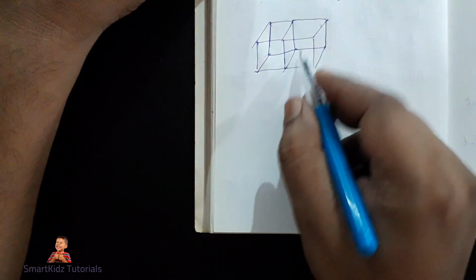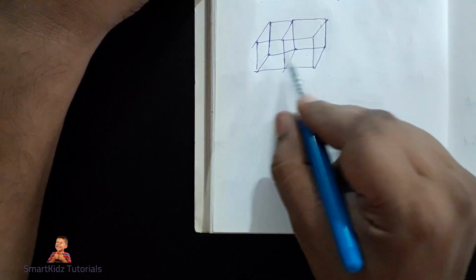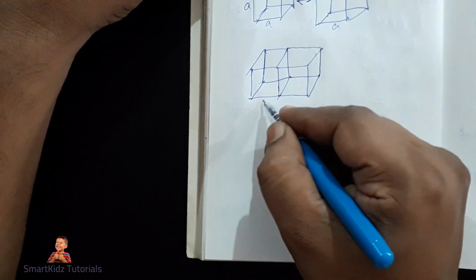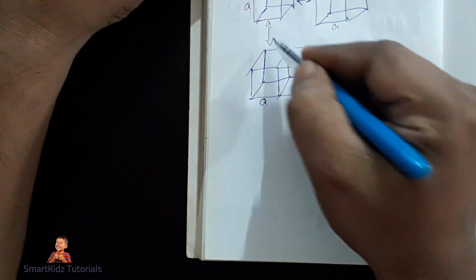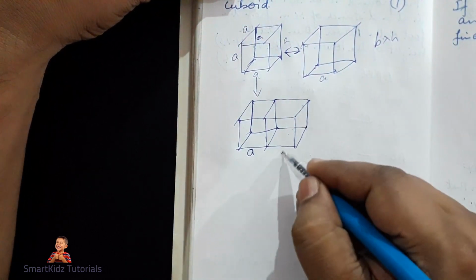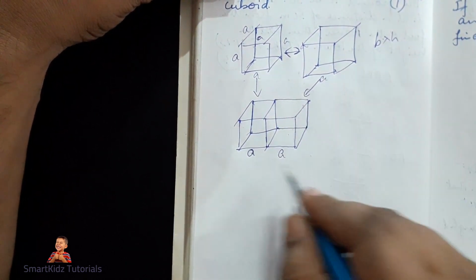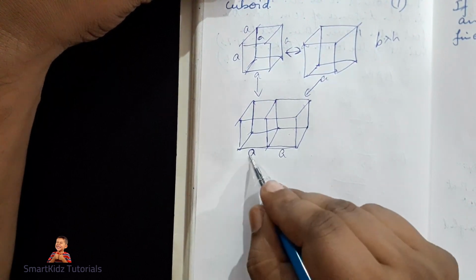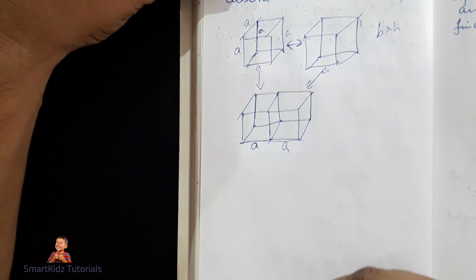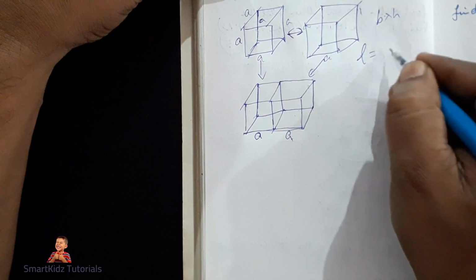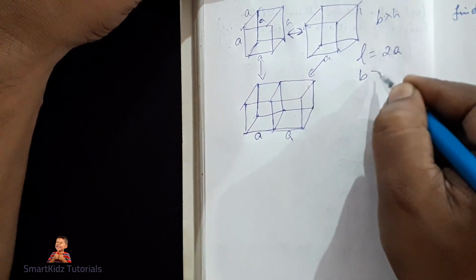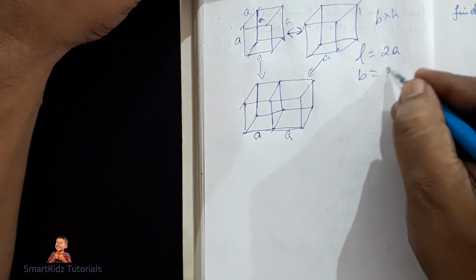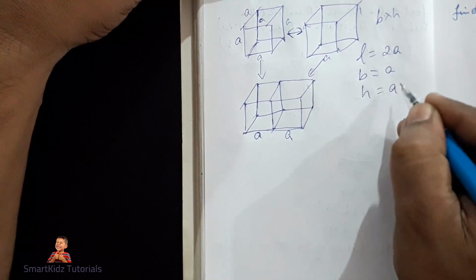And when you join, now it is two cubes that are joined to each other. This was A coming from here, have a look, and this was another A coming from here. This will form one length, so it will become 2A. So that is why you have length becoming 2A, breadth becoming A, and height becoming A.